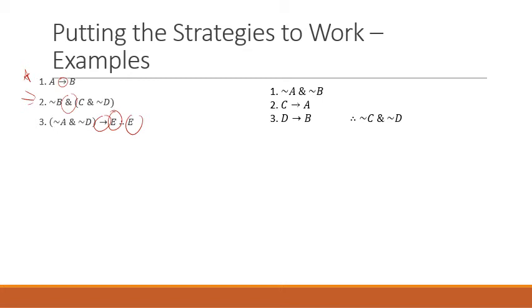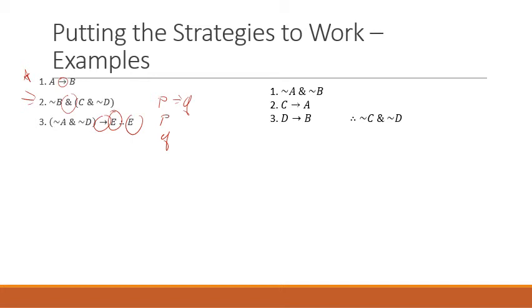So very likely, to get that E out, the last step is going to be the modus ponens rule. If I can get P arrow Q and get P, then I'll be able to get Q, which in this case is E. So my intermediate goal is to get that P, which in this case is not A and not D. That will allow me to do the modus ponens rule.